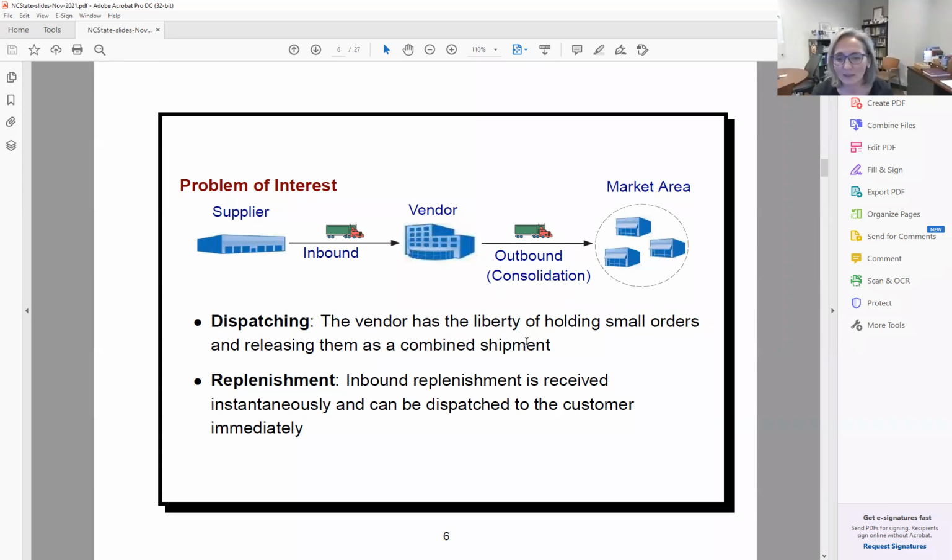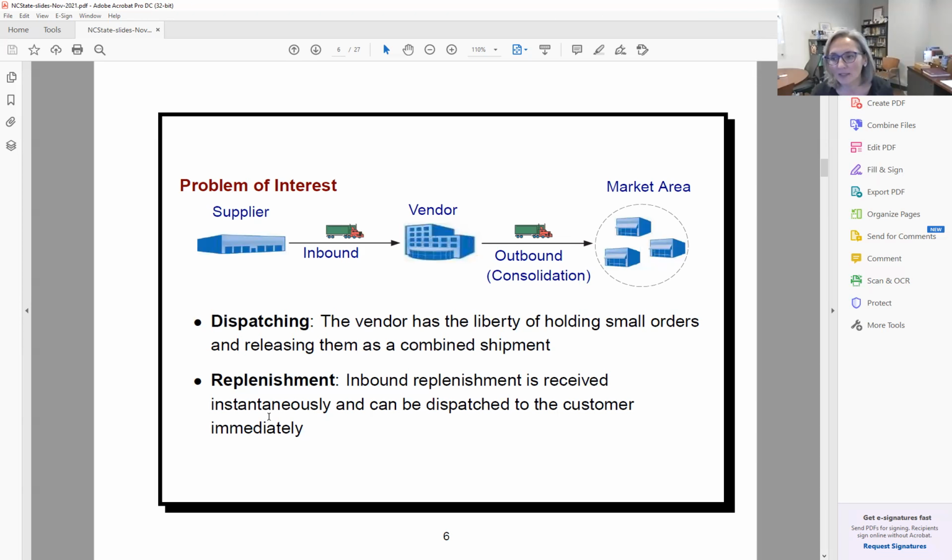So the vendor has the liberty of holding smaller orders and releasing them as a combined shipment at a cost, and the vendor bears the costs associated with shipments to the market area, and hence the need to coordinate outbound transportation decisions with inbound inventory replenishment decisions. Inbound replenishments are received instantaneously.